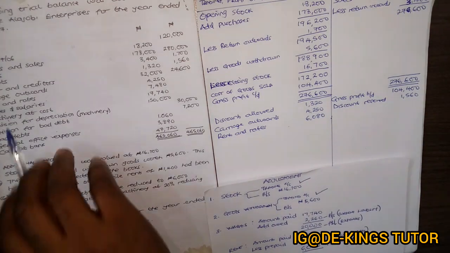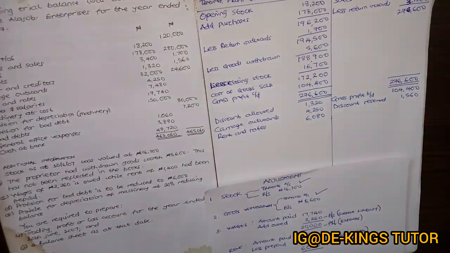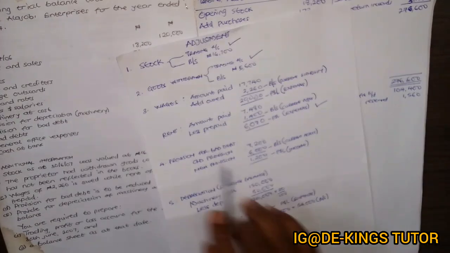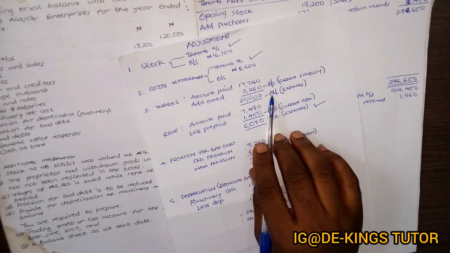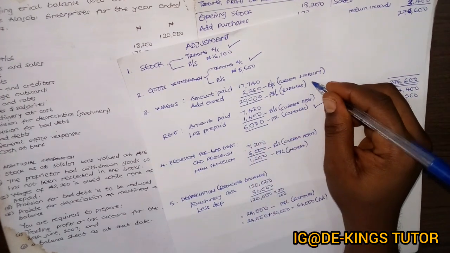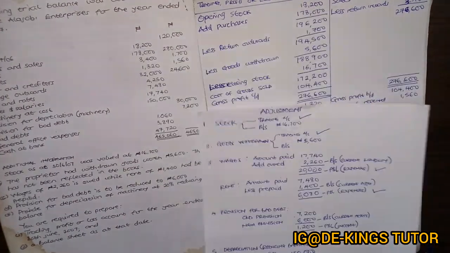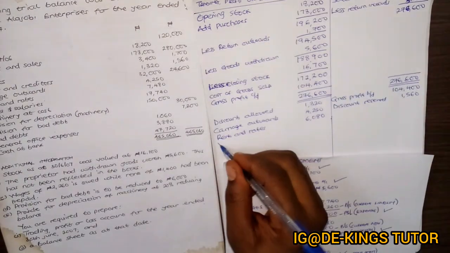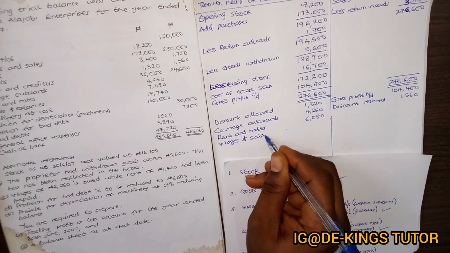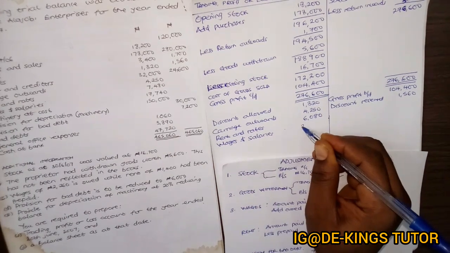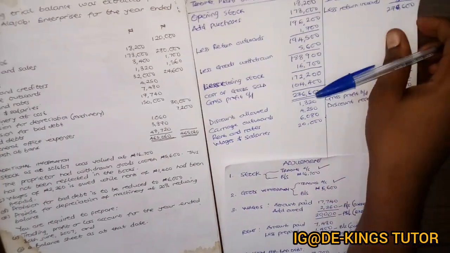Okay, the next one, wages and salary 7,480, but we did an adjustment. For wages and salary, this is the amount coming to the profit and loss account, 20,000. So tick it as wages and salaries, 20,000.